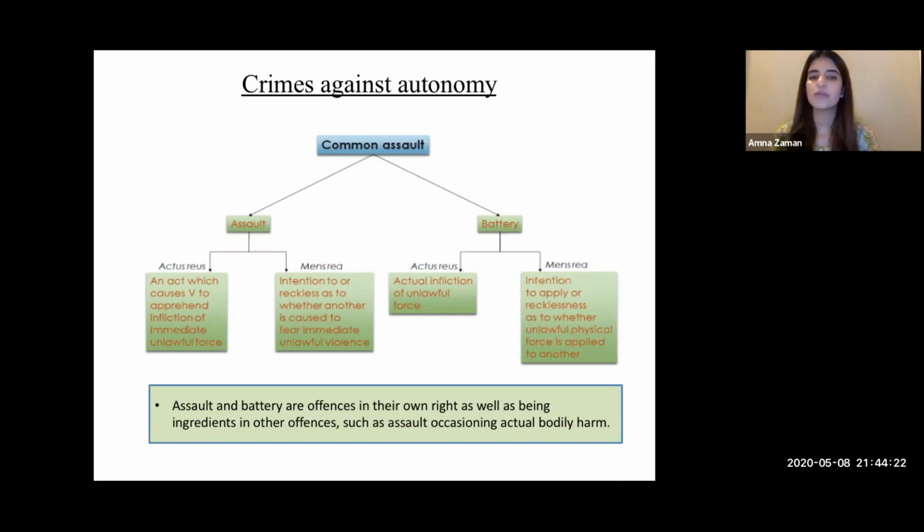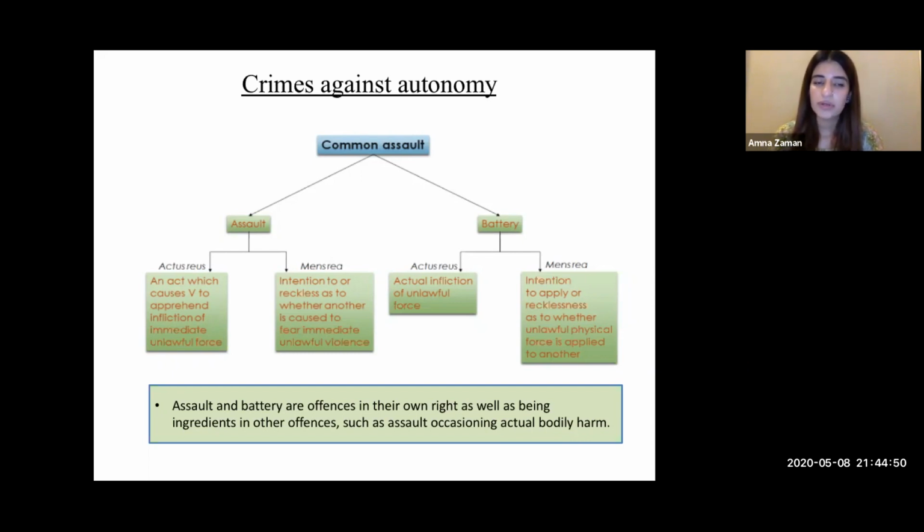Before we start talking about the actus reus and mens rea of crimes against autonomy, I want to remind you that the crimes of violence are more serious crimes than crimes against autonomy. And one very important aspect of the crimes of violence is that there has to be proof of harm. But for crimes against autonomy, there has to be no proof of harm.